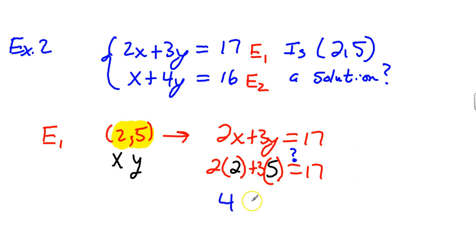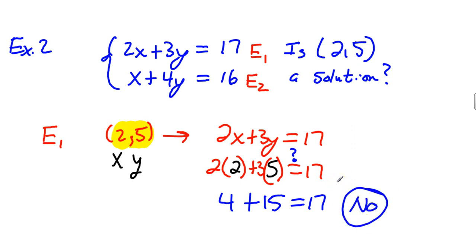For this one, you can see right off the bat that 4 plus 15 does not equal 17. And again, as soon as one of them is a no, you don't have to go any further. Just stop right there. Is that a solution? No. If it doesn't make this one true, there's no way it can make both of them true. That's as far as you have to go. So, as soon as you get a no, you're done. If you get a yes, just keep going.